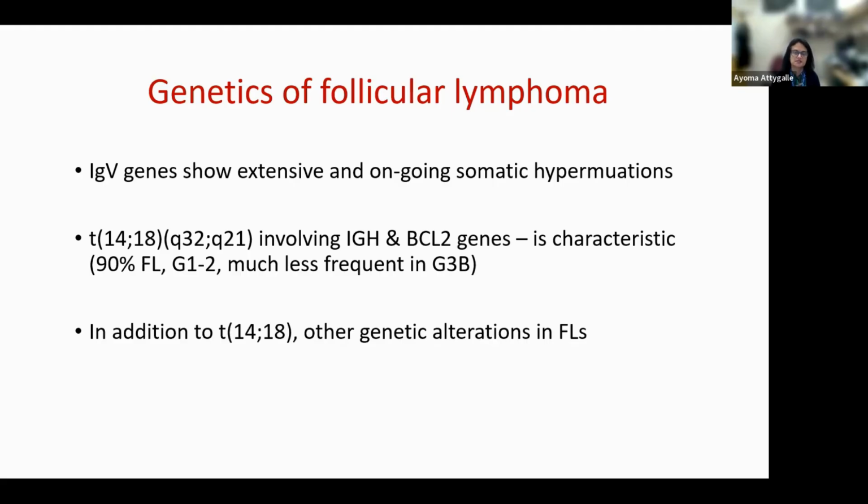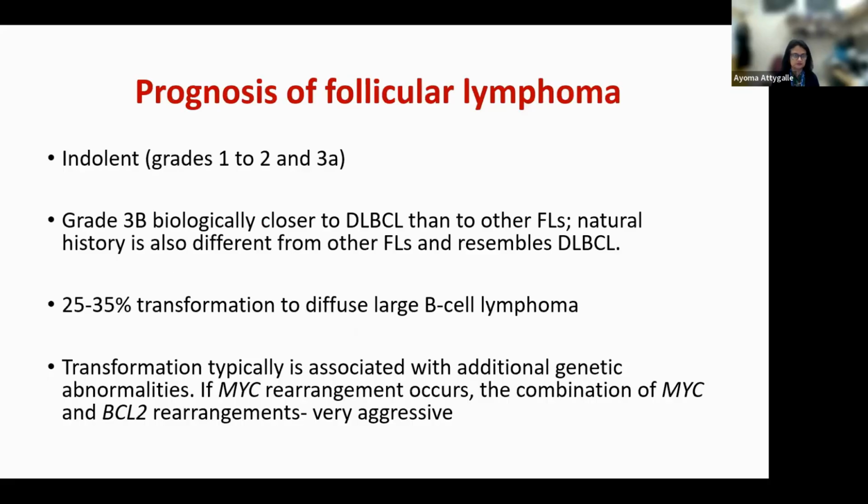So by this enhancement of BCL2 gene, you get an anti-apoptotic effect, and this is seen particularly in the low-grade follicular lymphomas. So 14;18 by itself is not enough because you can see that in in situ follicular neoplasia; you need other genetic alterations to develop overt follicular lymphoma.